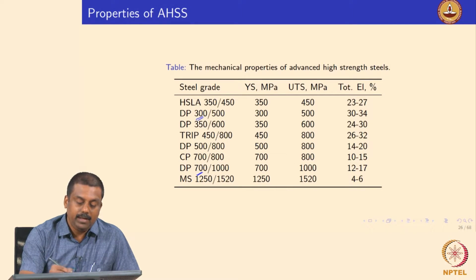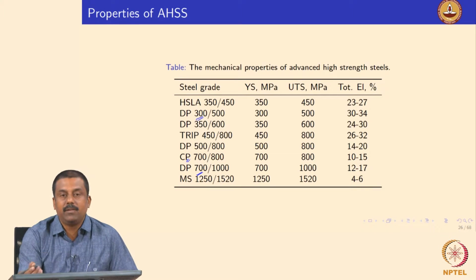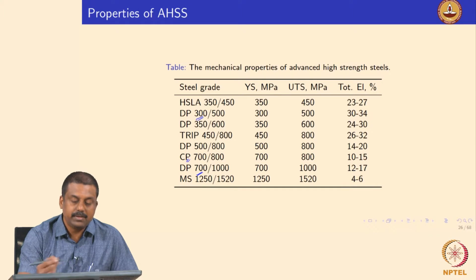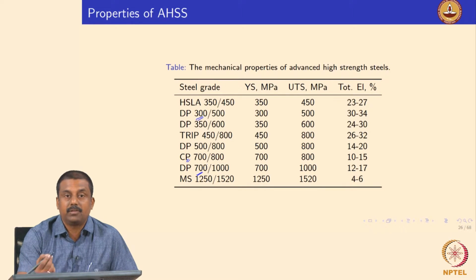But in DP and especially in DP and complex phase steels, you can play around with the volume fraction of phases, the amount of martensite or any other phase apart from martensite, for example bainite present in complex phase steels. We play around, and the strength level can be changed from 300 to even up to 1000 megapascal.